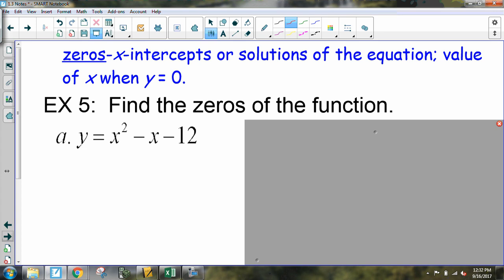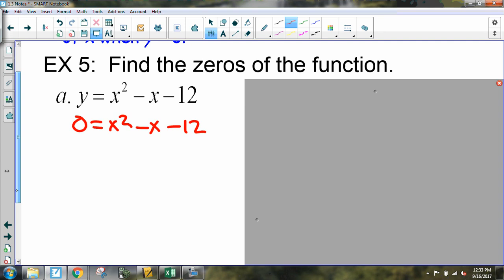So again, zeros are when you have x-intercepts or solutions of the equation, the value of x when y equals 0. So when it says to find the zeros of the function y equals x squared minus x minus 12, that means you're going to plug in 0 for y, and you're going to find what x values are going to make that equation true. Okay? So then you factor this equation, and it's going to factor as x minus 4, x plus 3.